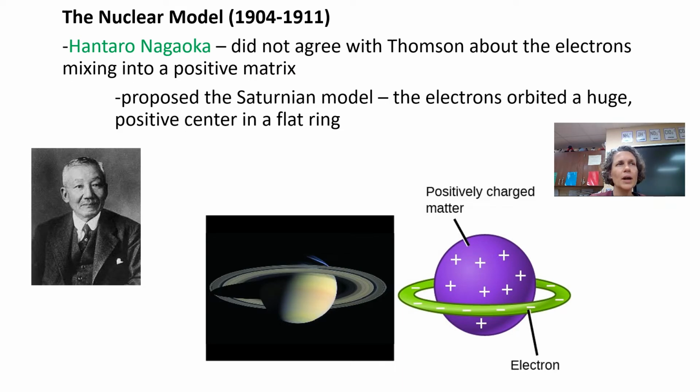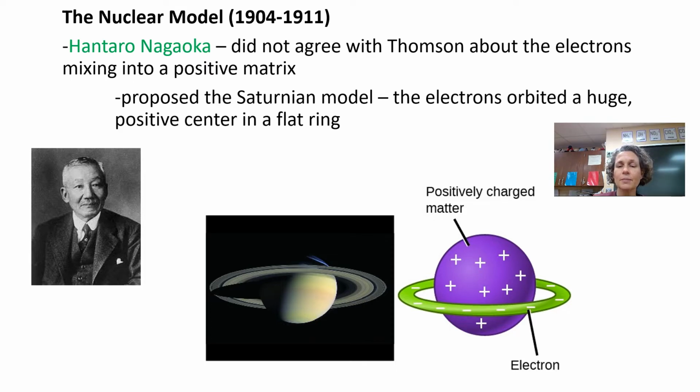I don't know exactly what his experiment consisted of, but he proposed the Saturn model, and he said that the electrons were orbiting a huge positive center, moving in kind of a flat ring, so it looked like what we picture the planet Saturn looking like.